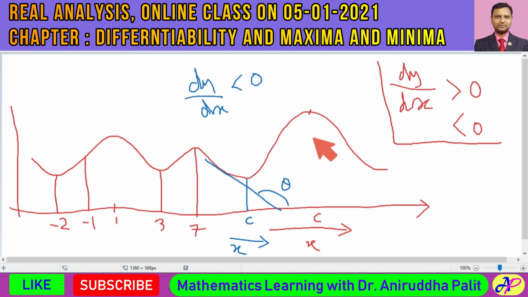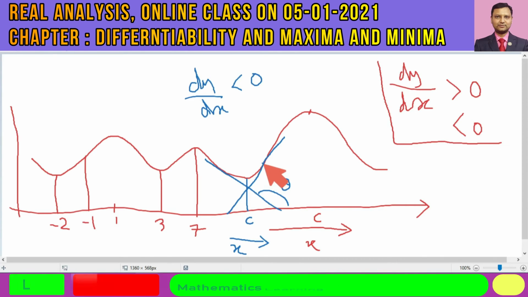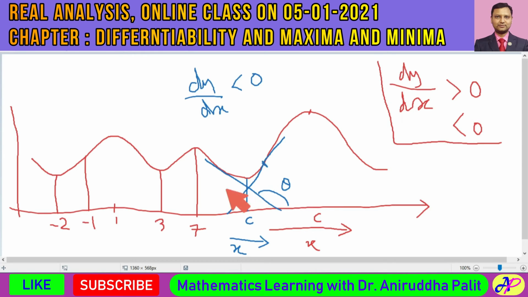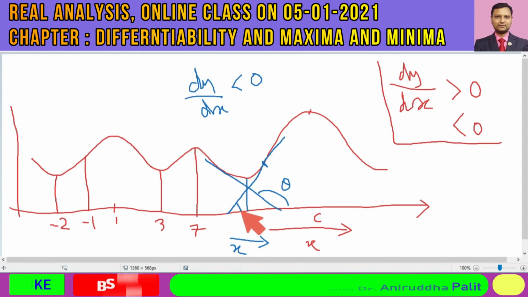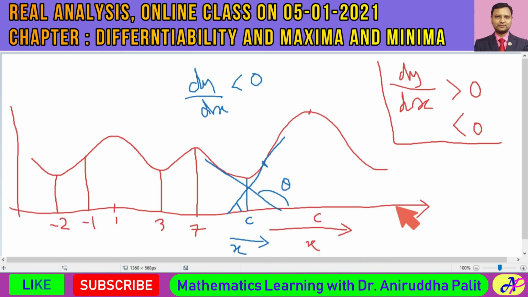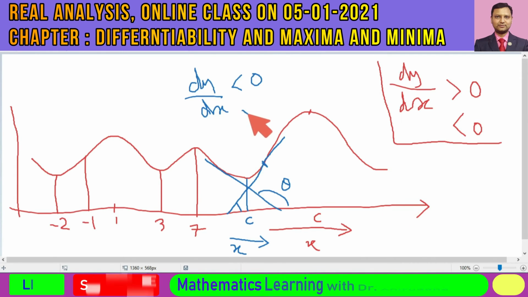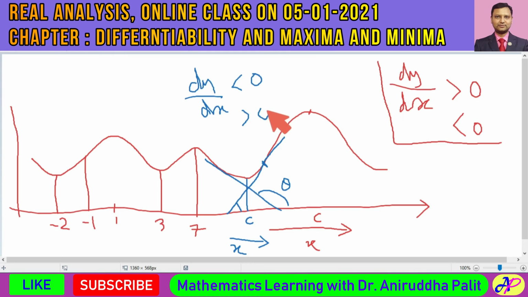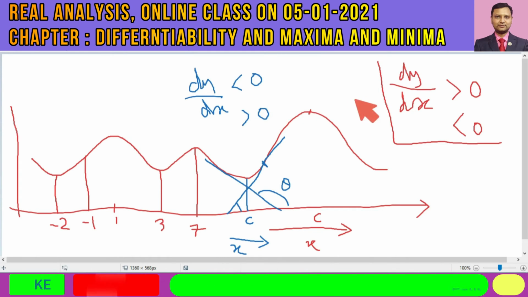And if we draw a tangent on the right side at this kind of point, you will see that this angle is greater than 0 and less than 90 degrees, and therefore tan theta or dy/dx should be greater than 0.